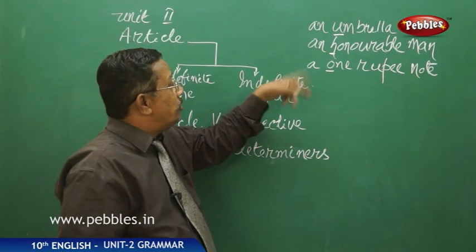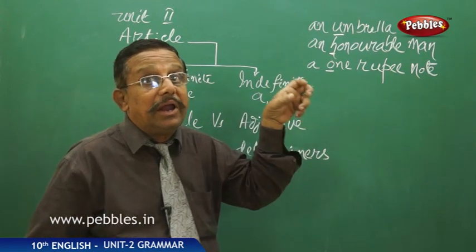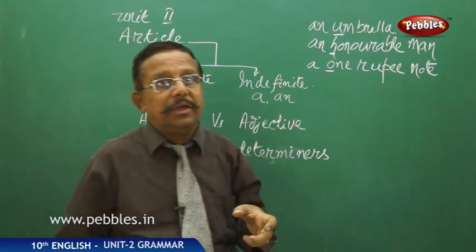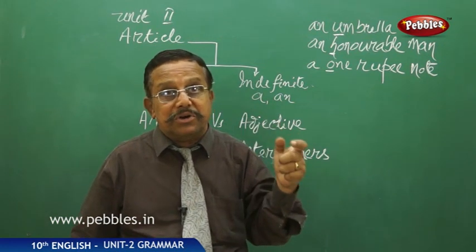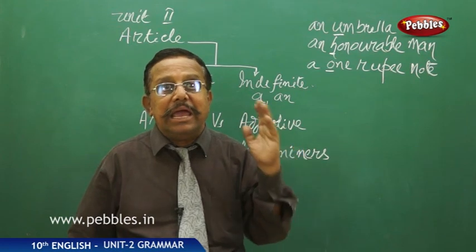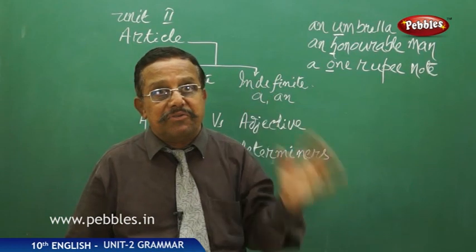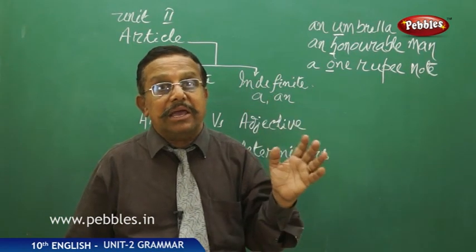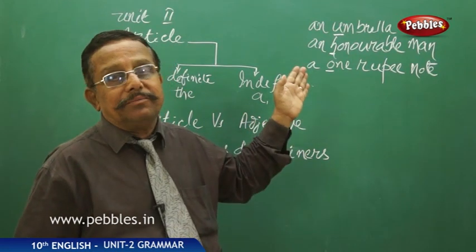One more thing I am talking about here, a and an, how we are placing them before a particular noun. If the starting sounding of the word is a consonant, a will come. If the starting sounding of a word or a noun is a vowelic sound, there we are using an.